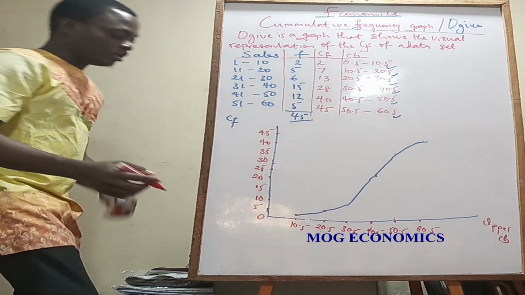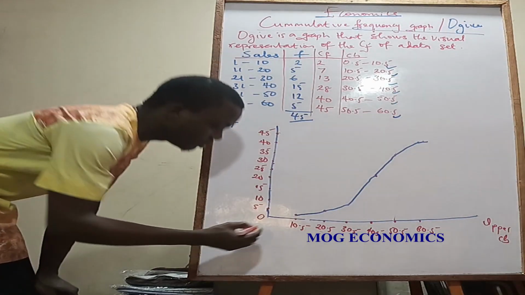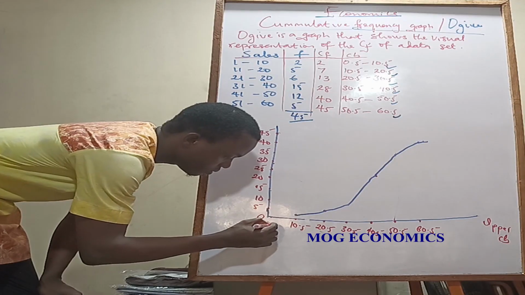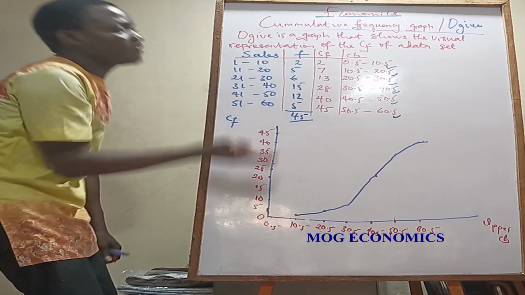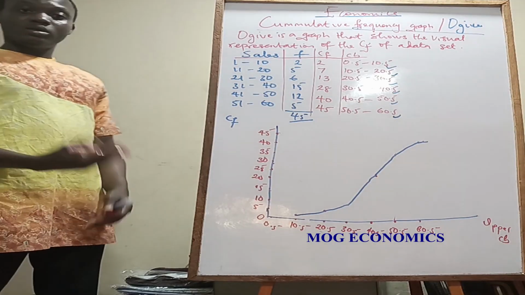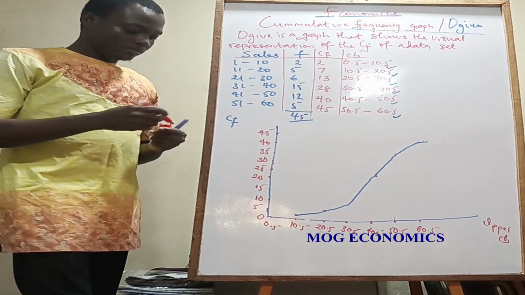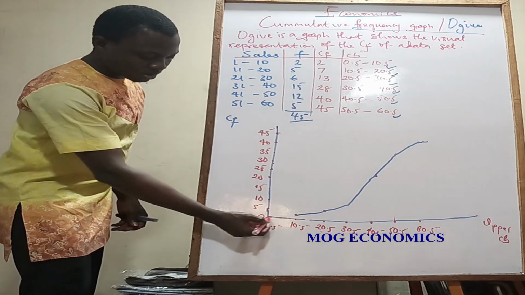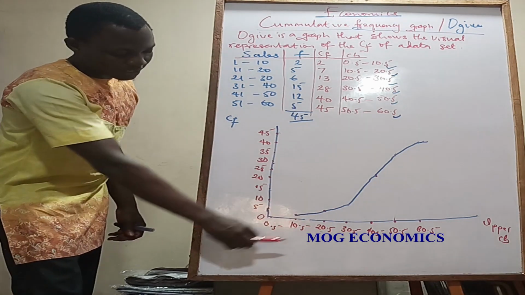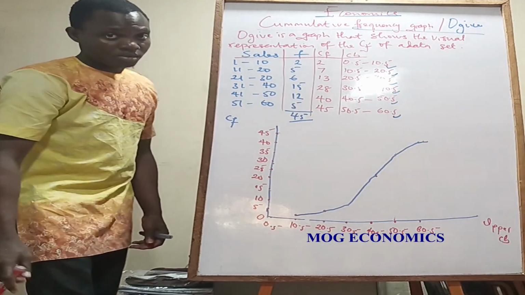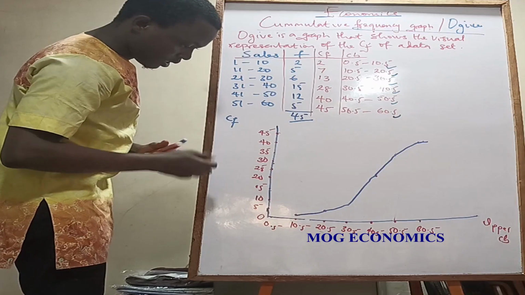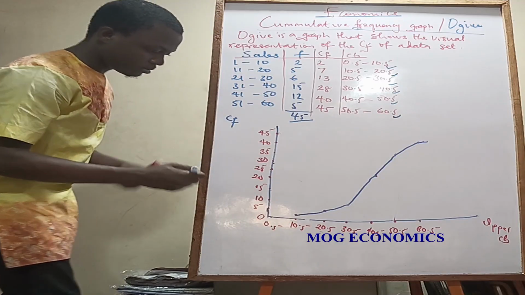So 0.5 is around here. Because 0.5 is not even on the graph normally, we assume that the frequency is 0. So the x-axis has 0.5 and the frequency there is 0. Understand? So we just extend this.